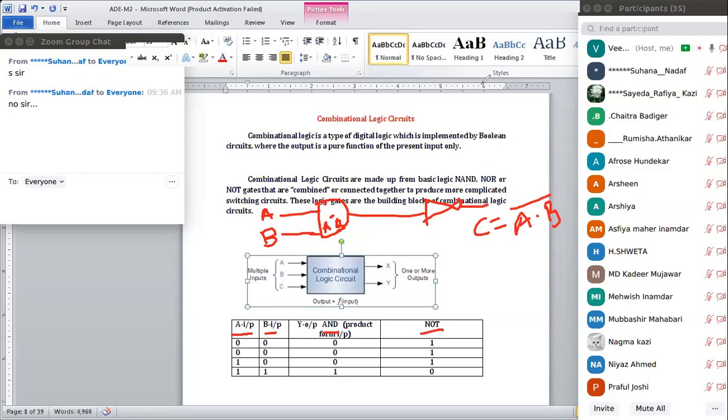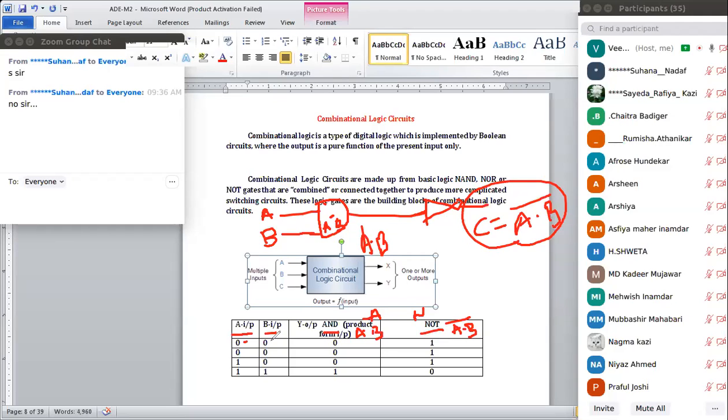A dot B is the output of the AND gate, and then giving it to the NOT function, the output will be A dot B whole bar. So this is AND, this is NOT.